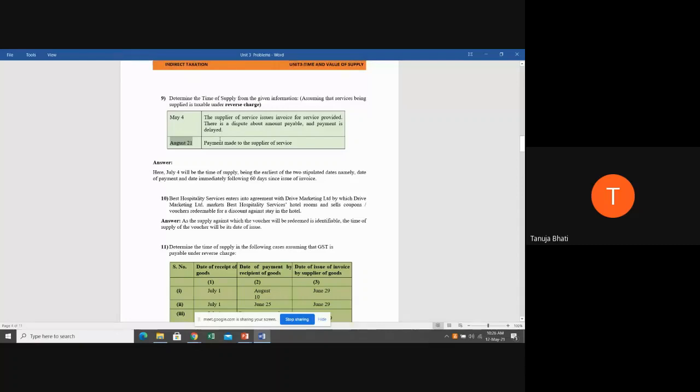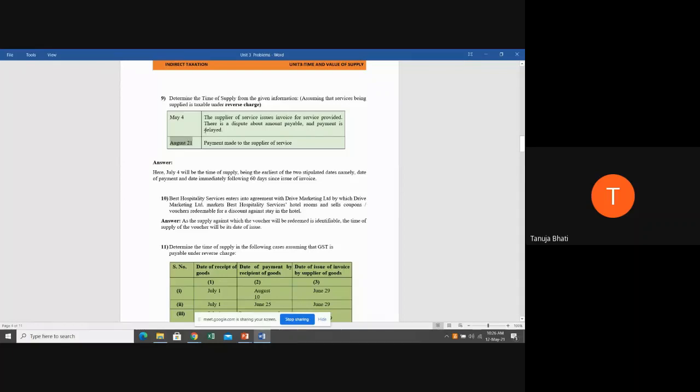Students, we have seen in the provision under section 13 subsection 3 that under reverse charge for services, the time of supply will be the earlier of 2 dates. What are the 2 dates? Either it is the date of payment or the date immediately following 60 days from the issue of invoice.